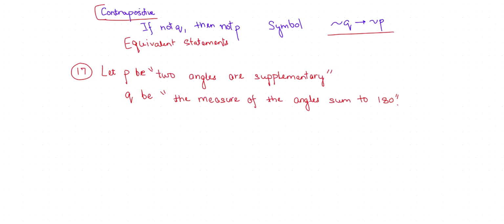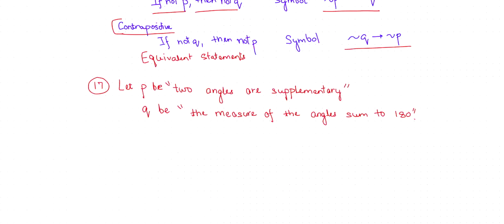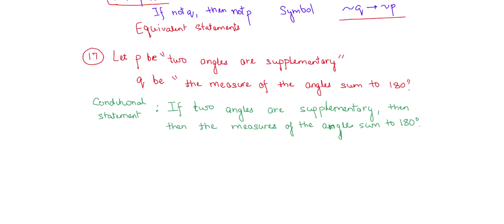If we go back here, the conditional statement is this: if P, then Q, and the symbol is P arrow Q. So the conditional statement is if P, then Q. Here it would be: if two angles are supplementary, then the measure of the angles sum to 180 degrees.